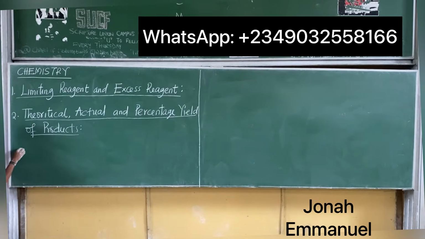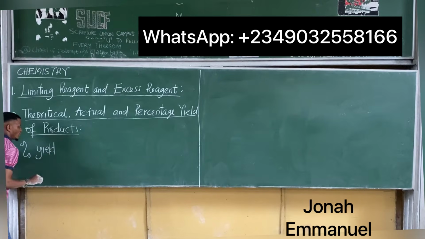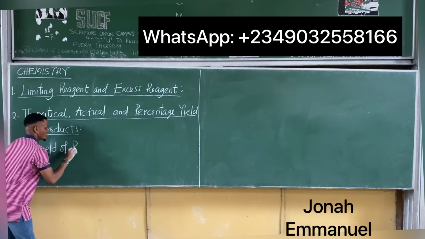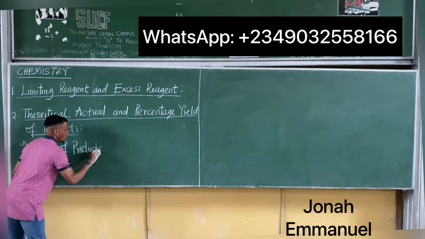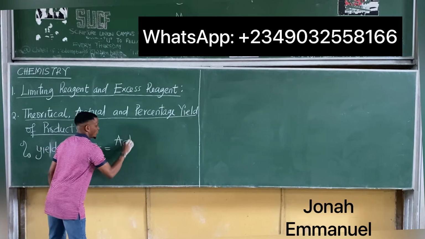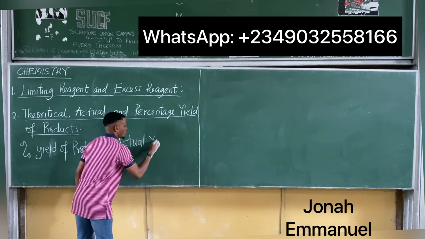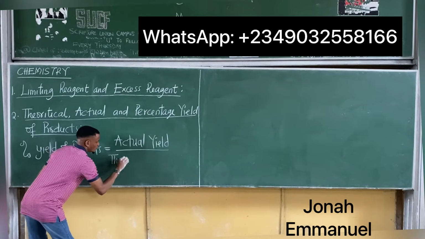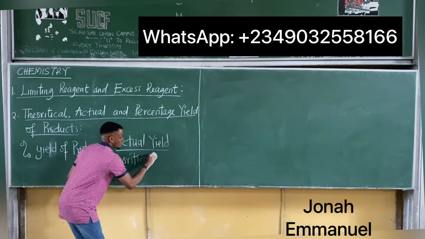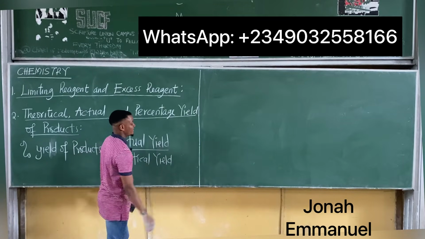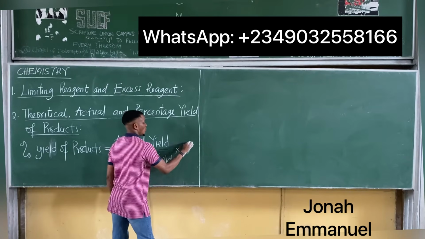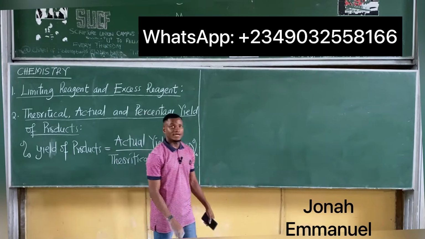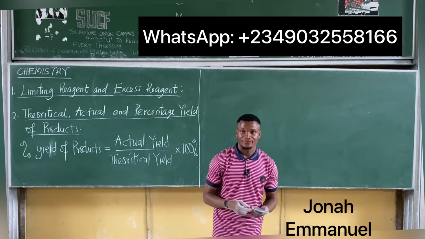Mathematically, we're saying that percentage yield of products is equal to actual yield all over theoretical yield, expressed as a percentage, becomes times 100%. So that's it. That's the formula, please.